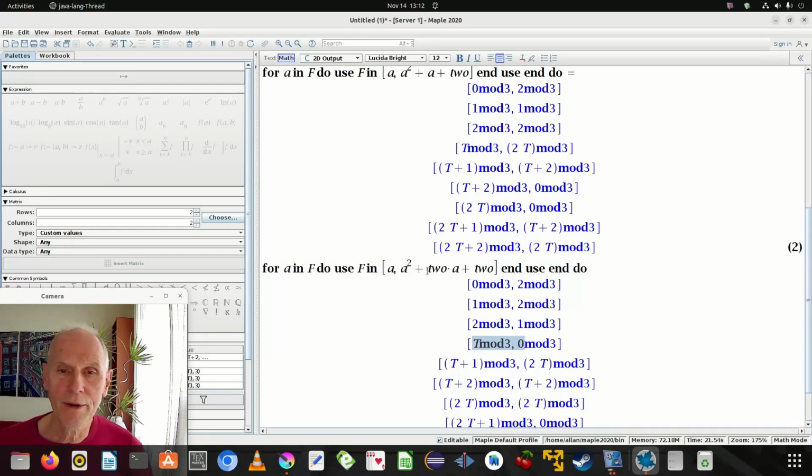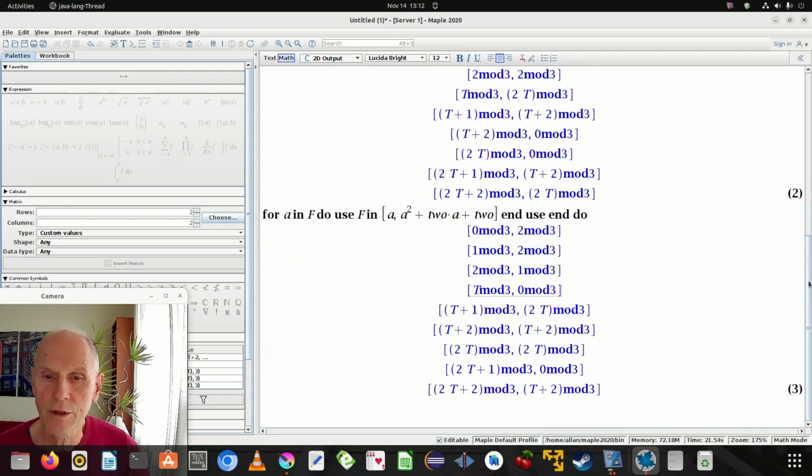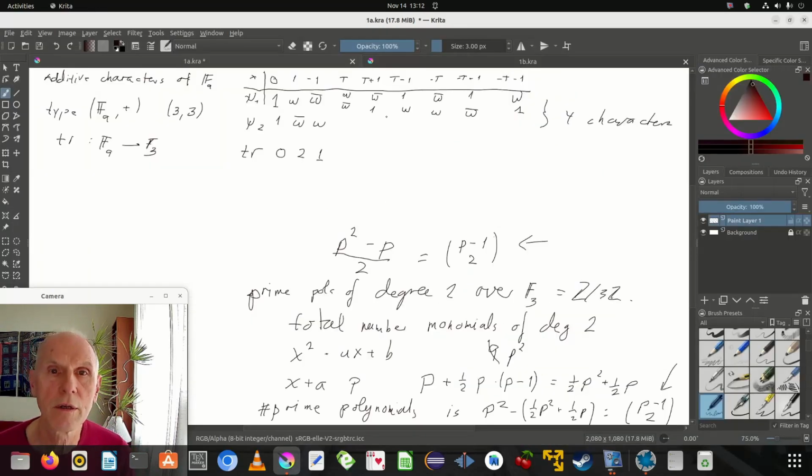And the trace is unity. And then minus t plus 1 as well. Minus t plus 1 has unity, and t has unity.